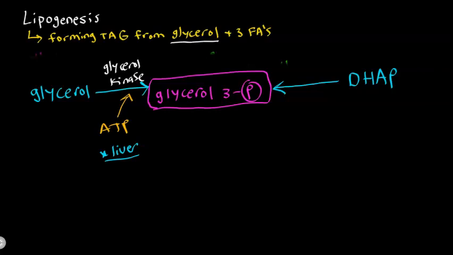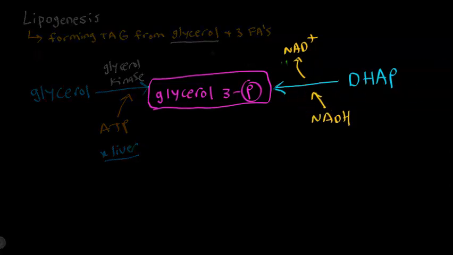So we need to add some NADH for this to happen. So we need NADH, and that NADH is going to be converted into NAD+, as you guys already know. So this is actually a reduction step right over here.